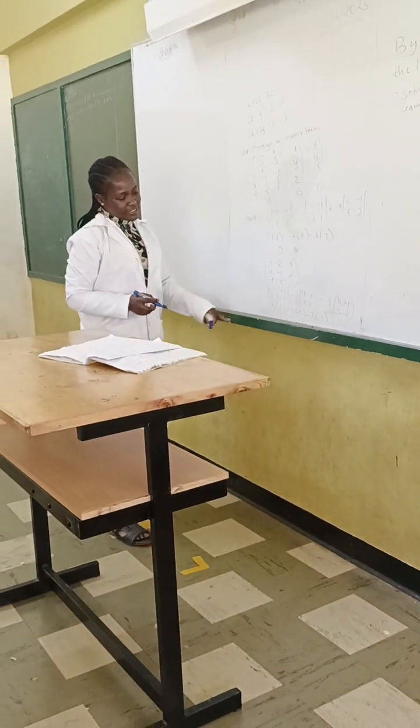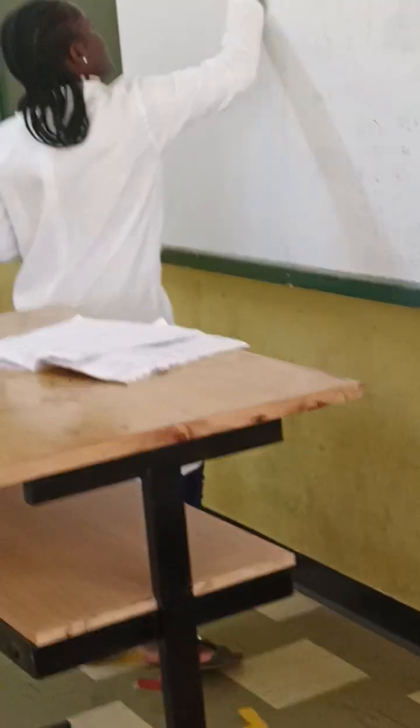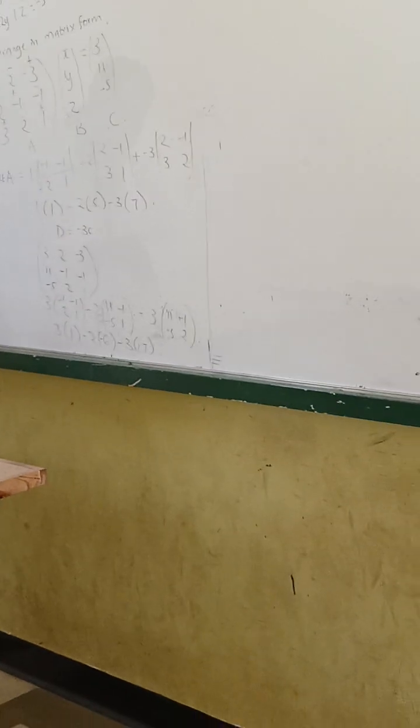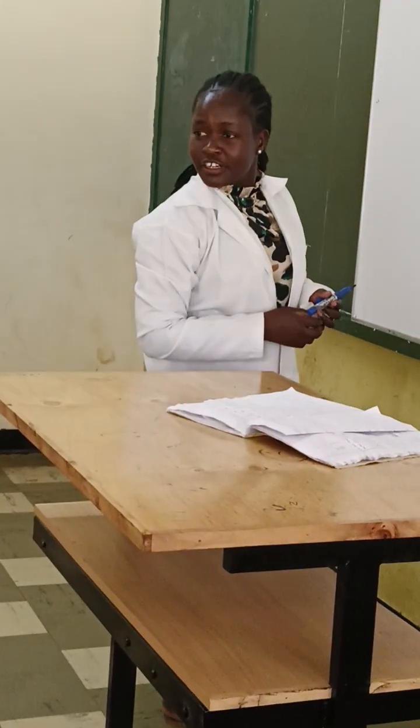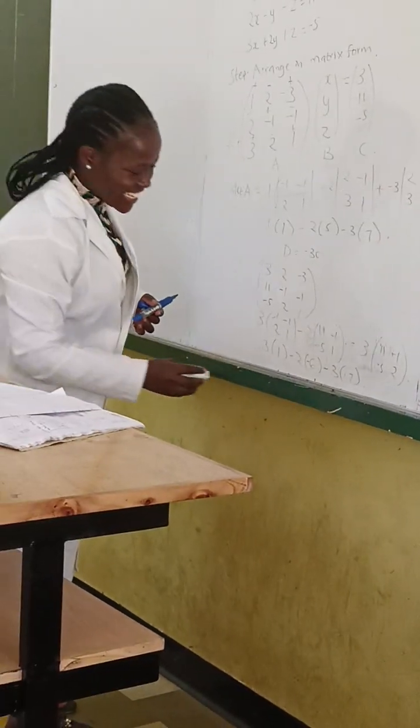Okay, what do we obtain as our final? 11 minus 5. So we'll have 3 plus 12. Pardon? It's positive 6. Please let us begin with our calculator.